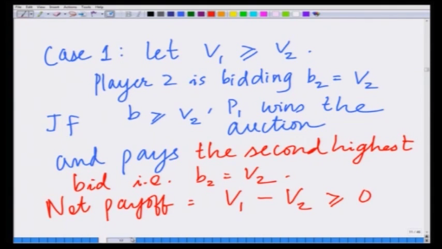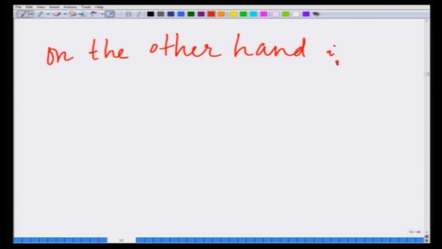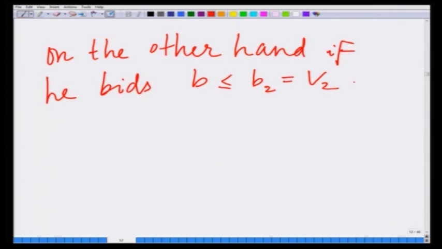On the other hand, if he bids B less than or equal to B2 equals V2, then he loses the auction.